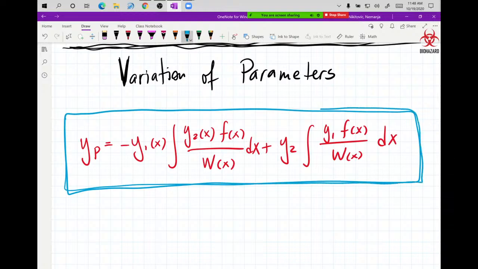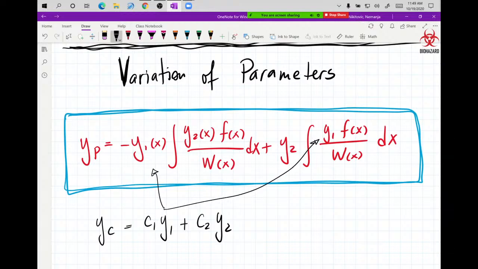And look how easy it is to remember this. Whatever function is in front, the other one is inside. And you have the forcing term, which is the right-hand side, divided by the Wronskian. There is nothing special about this formula, because the thing that you know is that your yc is c1 y1 plus c2 y2.